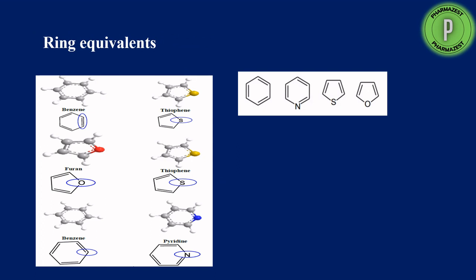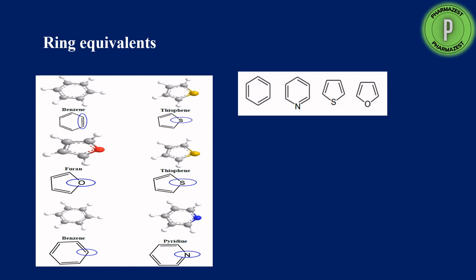Next, we have ring equivalents. These are a more important and interesting thing to study. Here the benzene ring can be replaced with thiophene, and the furan can be replaced with thiophene. Here we can see the arrangement is similar, and it occupies similar overall spatial characteristics.